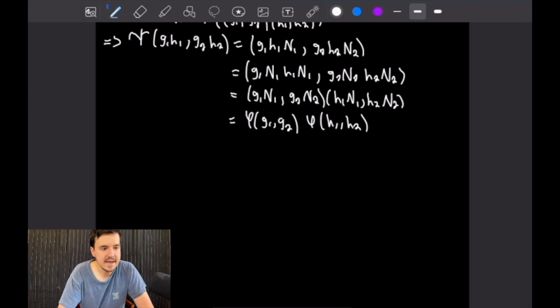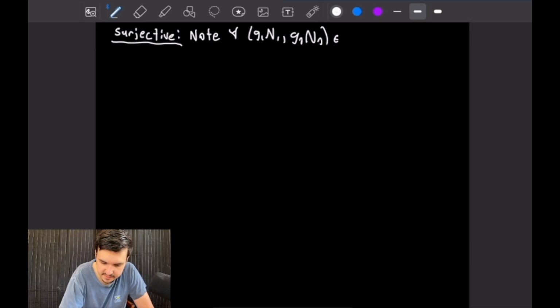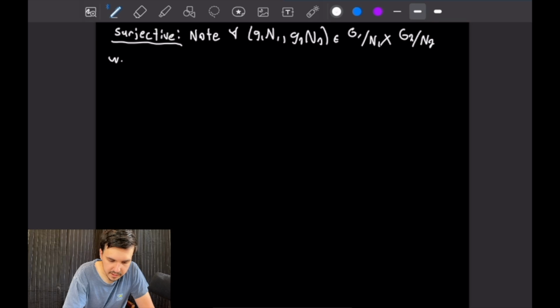So next, let's go ahead and prove that this function is in fact surjective. But this surjectivity proof is fairly straightforward. I want to note that for all arbitrary elements in our codomain, let's just call them g1 N1, g2 N2, which is in our codomain, G1 mod N1 cross G2 mod N2, we have the following map to the element.